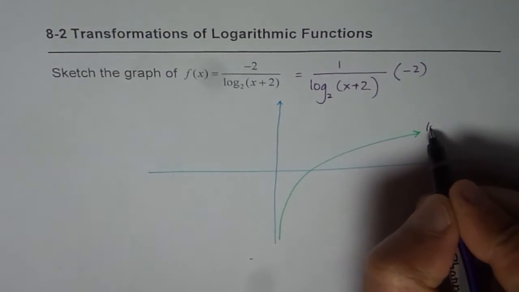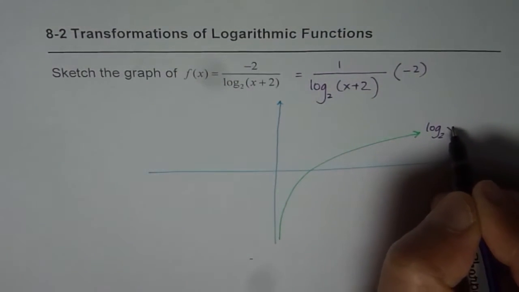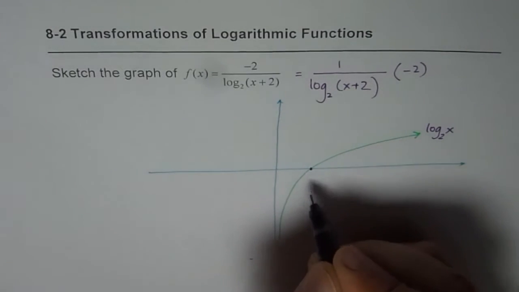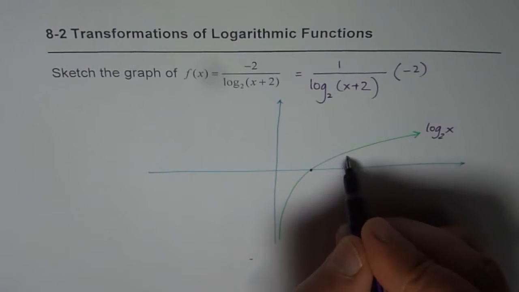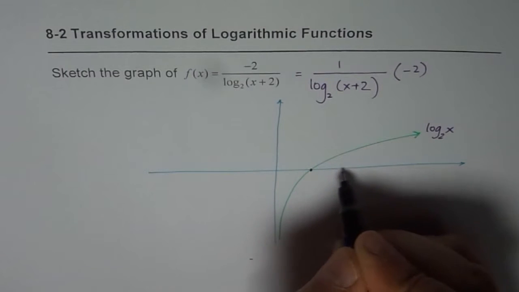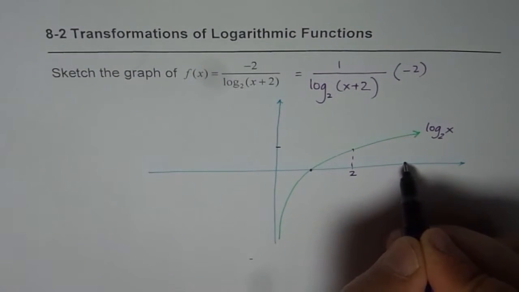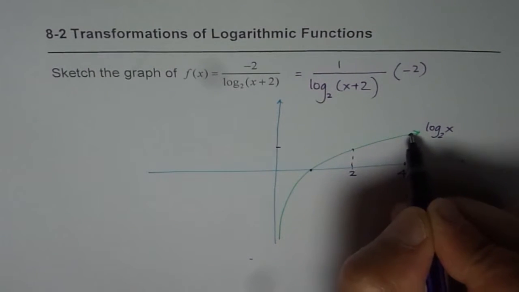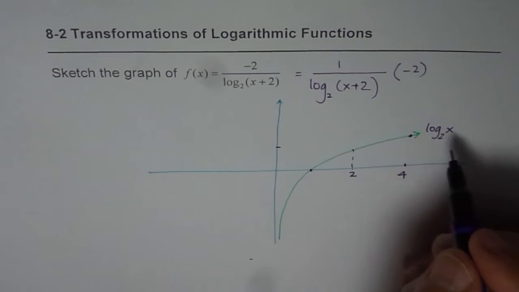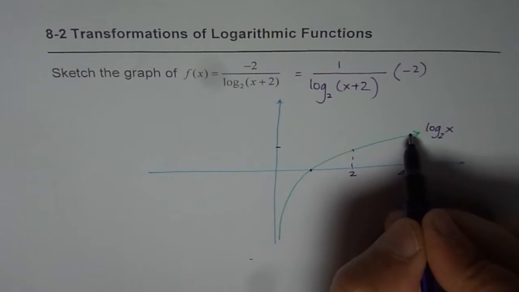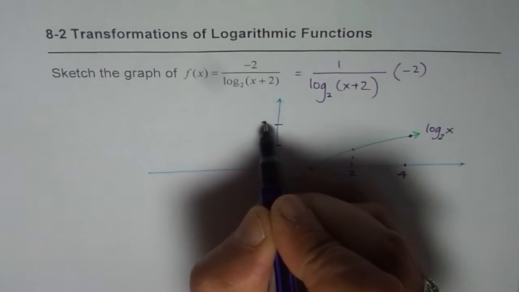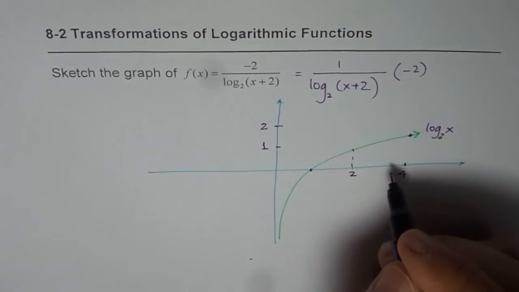Here this is the point 1, and at 2, the value will be 1, correct? At 4, this point will be 2. So we have a couple of points to work with.